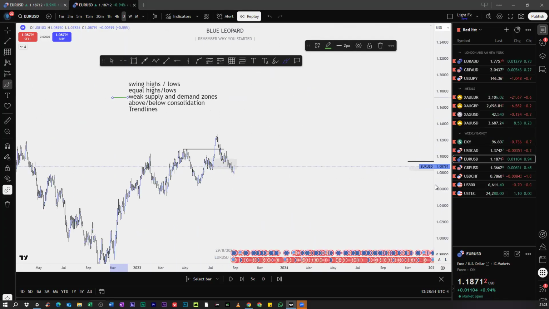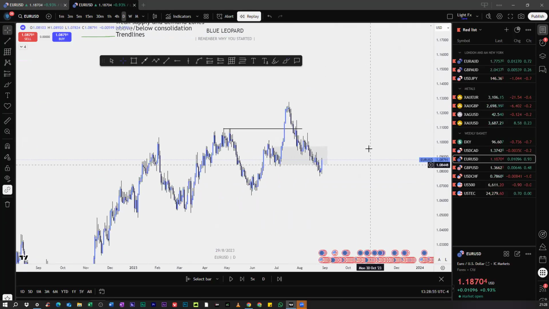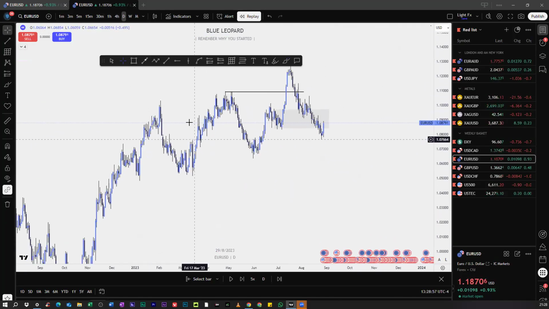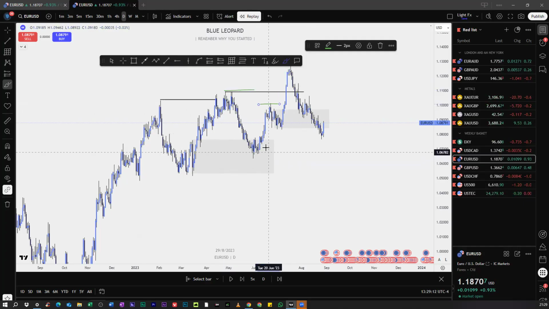Let's find one of them here. If price comes back into my zone here, what do I call this a zone? Because I saw price break here, now I know price is bullish. Then when it came back, what did price do? It couldn't even break this structure. Very weak zone.